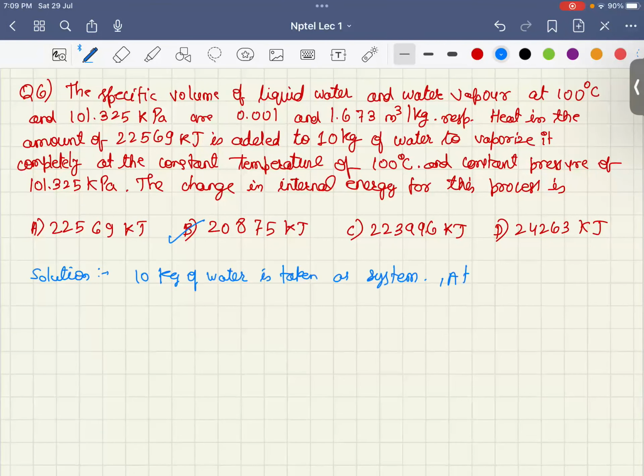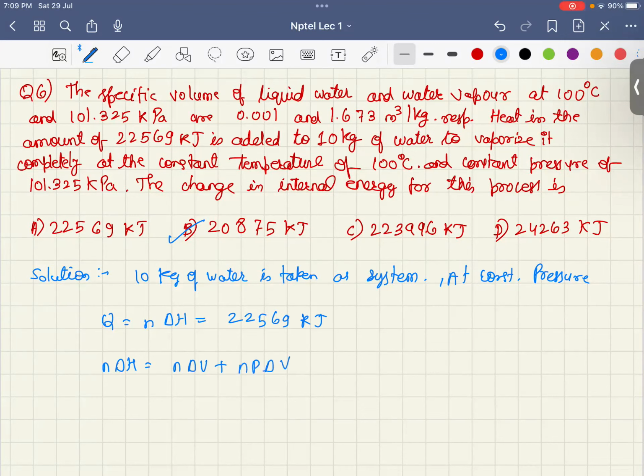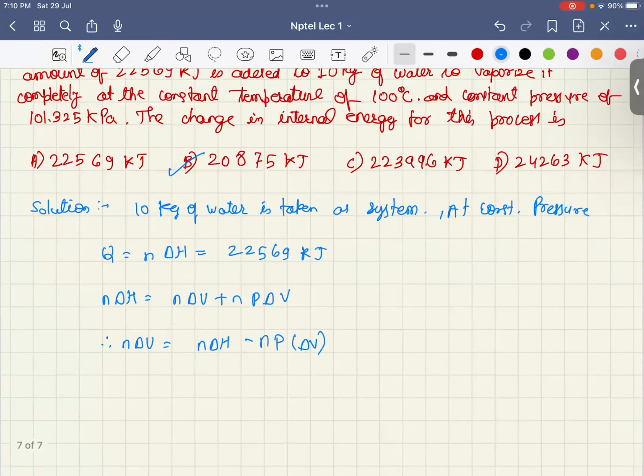And at constant pressure, Q is nothing but n into delta H. This is nothing but 22569 kilojoule. This is given, right? And we also know that n delta H is nothing but n delta U plus n P delta V, right? Therefore, rearranging, what we get is n delta U is nothing but n delta H minus n P into delta V, right?